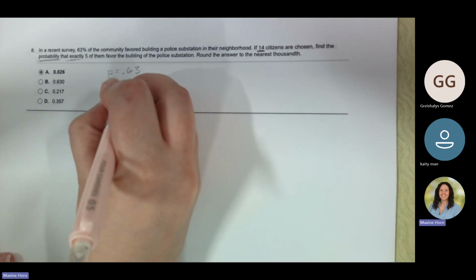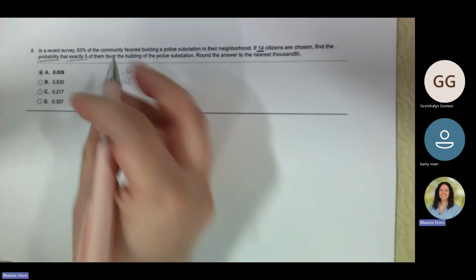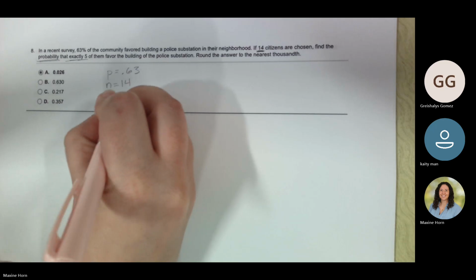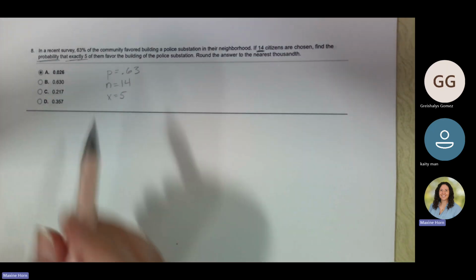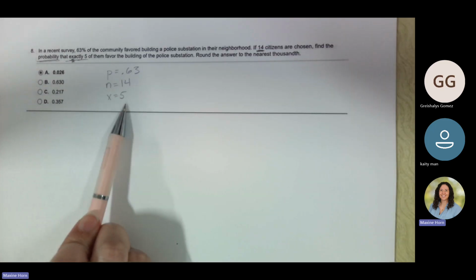This is our sample size, or you can think of it as the number of trials. Then what they did is they gave us an X value. So if they say exactly with an X, that's kind of your cue that that's your X value.